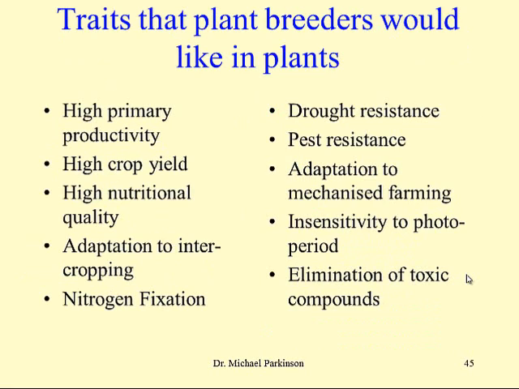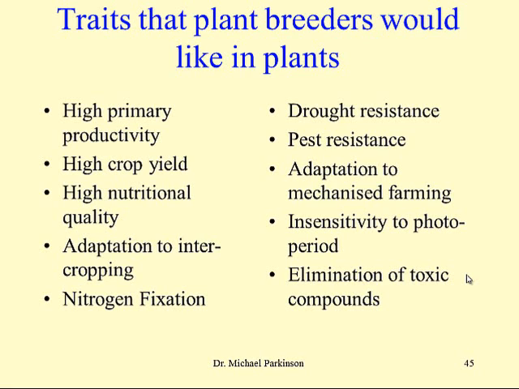Okay, so what traits would plant breeders like to have in plants? Well, high primary productivity is one, high crop yield is another one, high nutritional quality is another one, adaptation to intercropping is one, and nitrogen fixation is one. These are problematical because they are complex multi-gene traits.